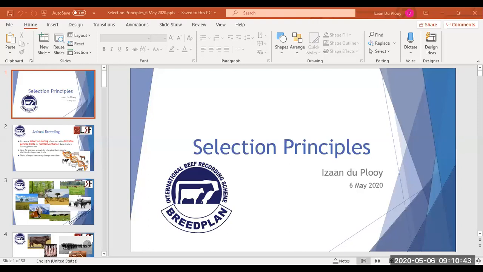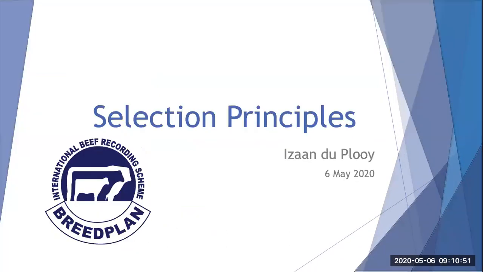We cannot just use the phenotypes, what we see. So I'm going to go through a few selection principles that are important to understand in order to understand EBVs and how we should use them and how we should select on them, etc.